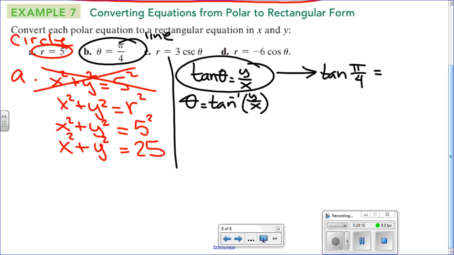And what is the tangent of pi over 4? Positive 1. So what does that mean? It means that we have 1 over 1. Therefore, y equals 1 and x equals 1. So then the equation, when we put it together, it's just going to be y equals x.